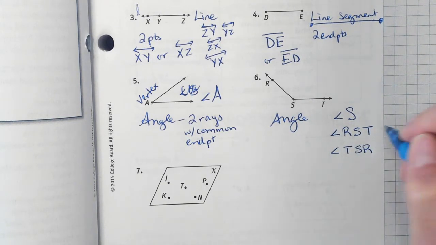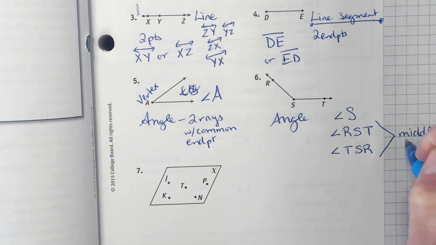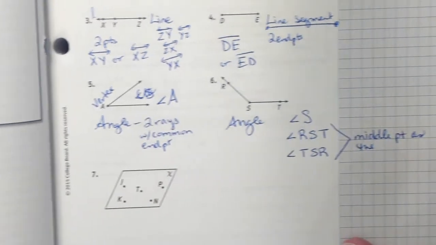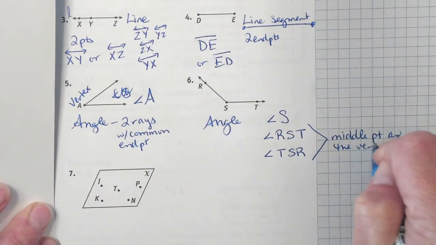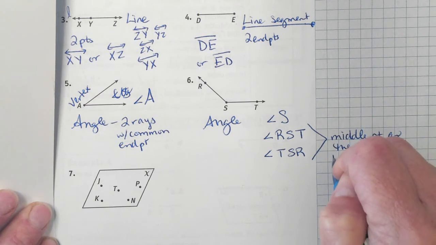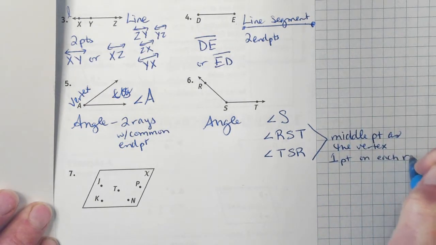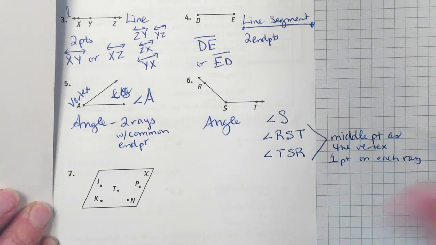Now what you'll notice is that both of these have the middle point as the vertex, and I'm thinking you probably can't see that, so I'll scoot my book over. The middle point as the vertex, and then 1 point on each ray. So that middle point being the vertex right there, because that's kind of the middle of the angle.